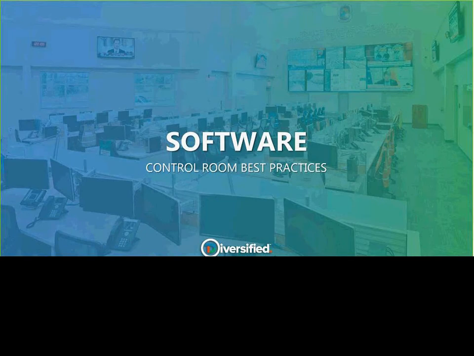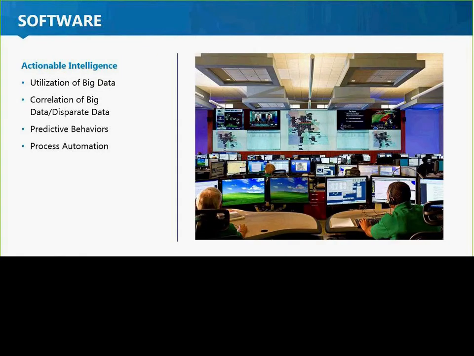There have been so many advances in software in the mission critical world, and it's different depending on what your environment is. If your environment is a 911 center, the software you use would be very different than the software you might use in a network operations center for an enterprise, or in a data center.